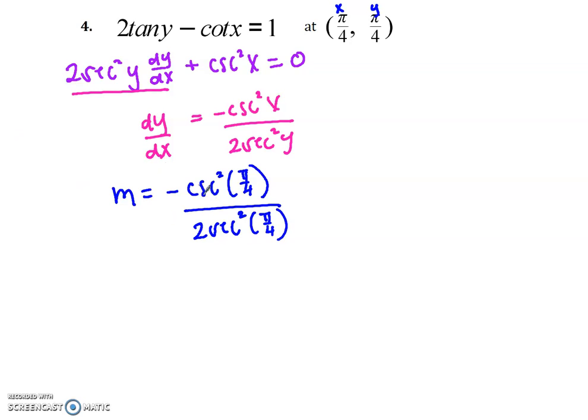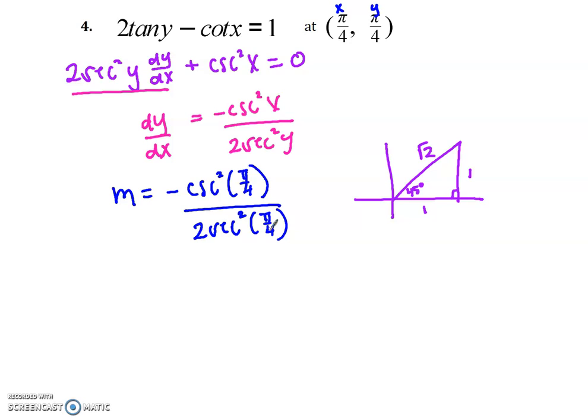So I need to evaluate secant and cosecant of pi over 4. Pi over 4 is a 45, 45, 90 triangle. So that'll be 1, 1, root 2. Now what this means is you find cosecant first, then you square it, then you multiply it by the negative.